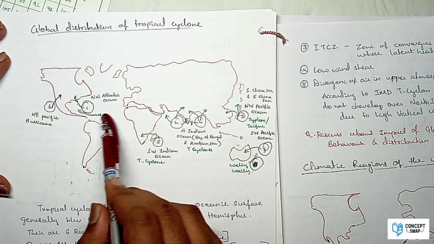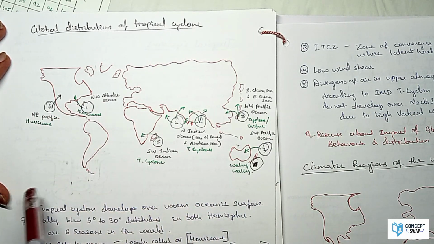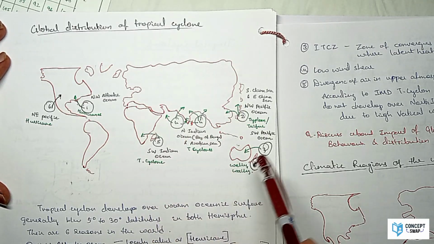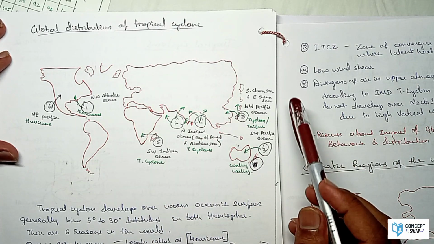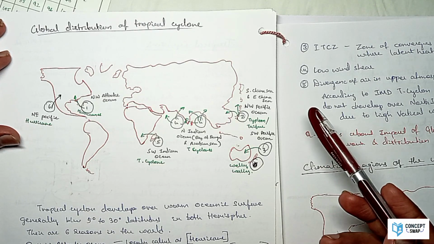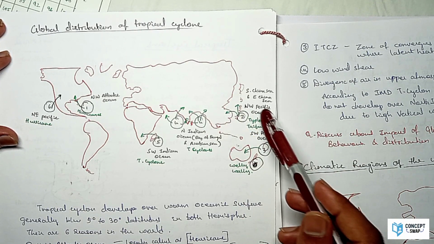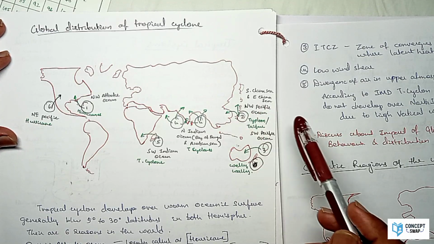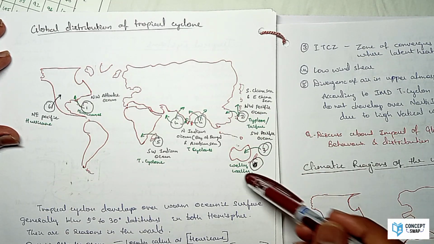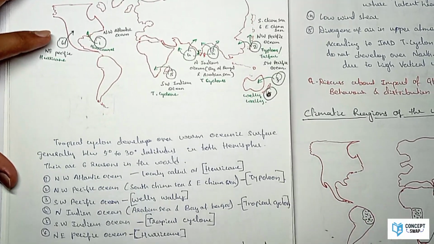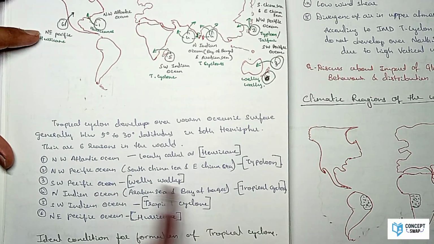In the Northern America region, the cyclone is called a hurricane. In the Indian region, tropical cyclone, and also in the African region, tropical cyclone. Whereas in the Japan and China region, typhoon. The cyclone is also called a typhoon. In the Australia region, well, okay, you can see here the types.